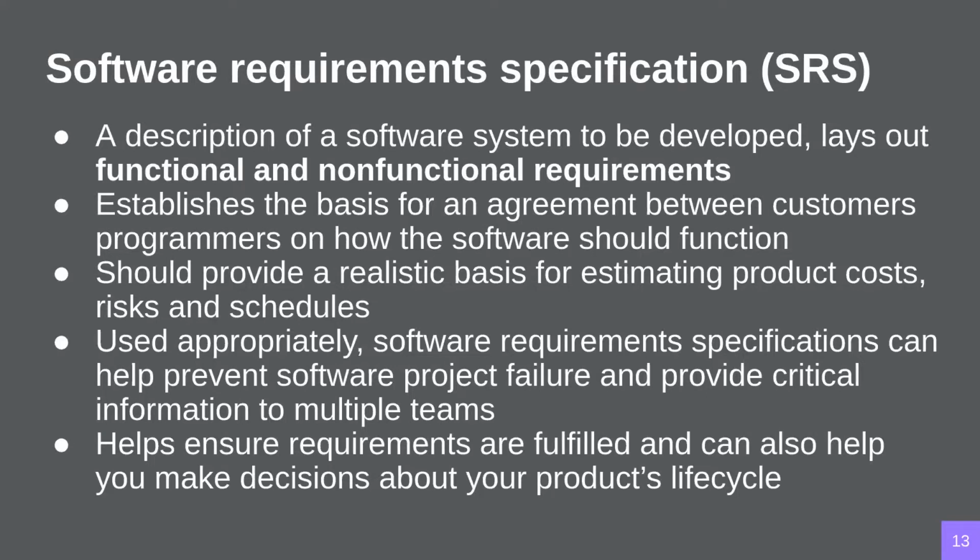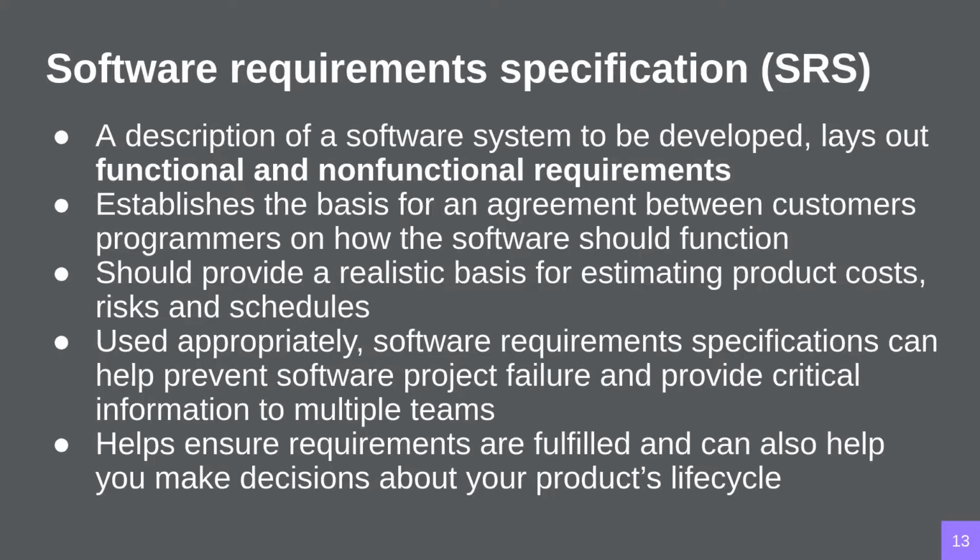Another reason that we create a requirement specification is because of a concept called the scope. And there's a thing called scope creep. What scope creep is, once you start a project, it's possible that the parameters or the requirements of that project will change. And if that's the case, that can cause you more work.